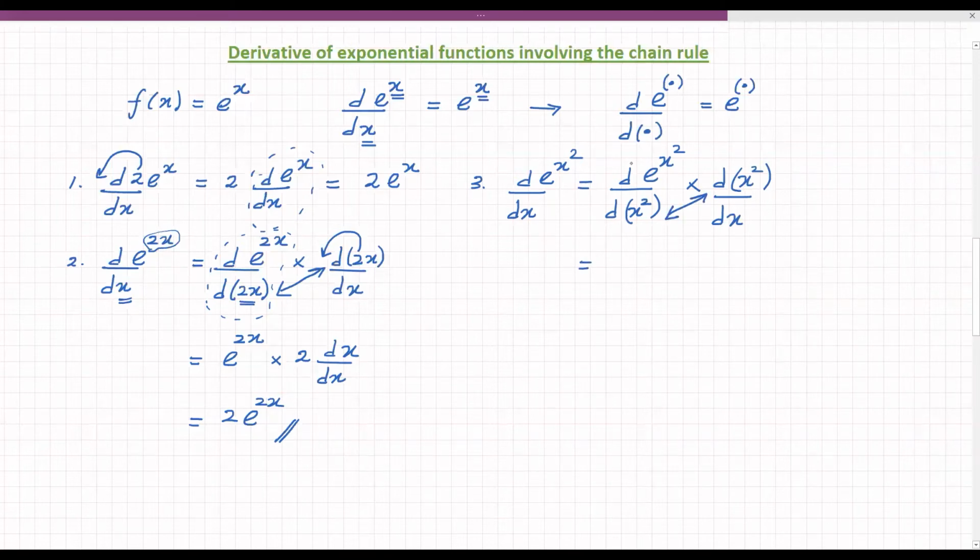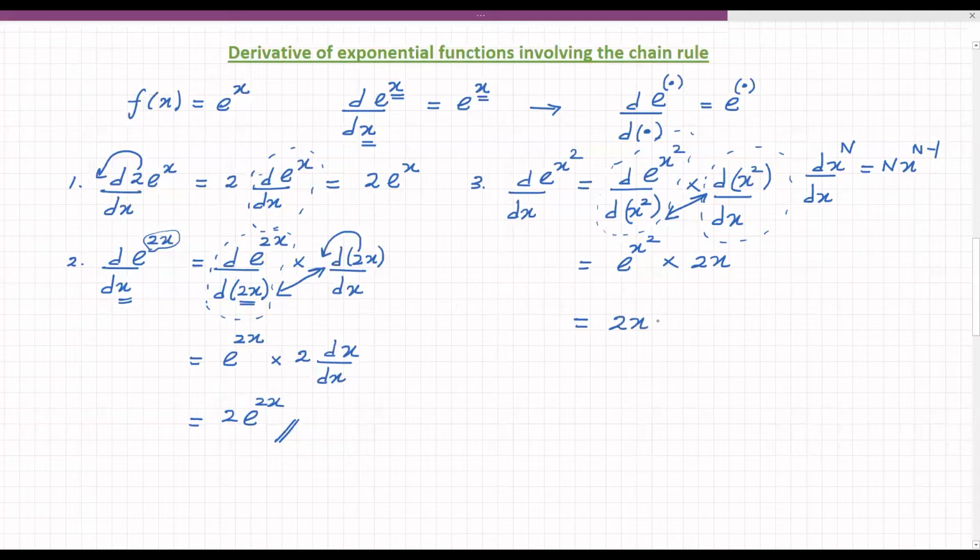So from here, you can get e to the power x squared times, now this one is our base case number 1, which is the power rule. We all know that. Let me remind you that d/dx of x to the power n can be written as n x^(n-1). So accordingly, you will get 2x here. So your answer would be 2x e^(x squared).